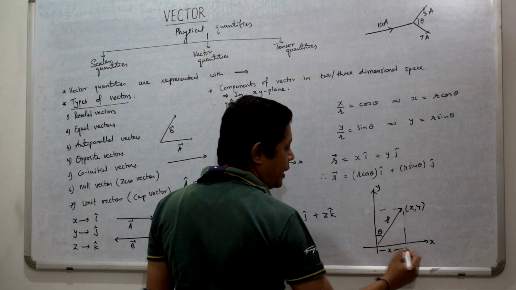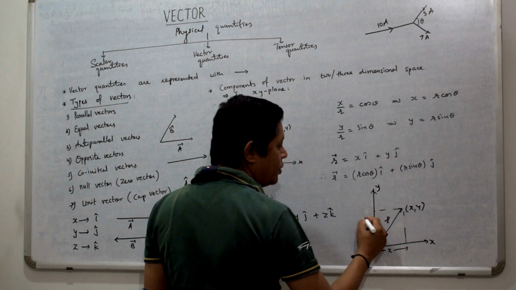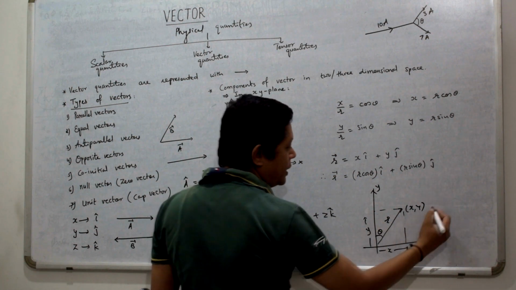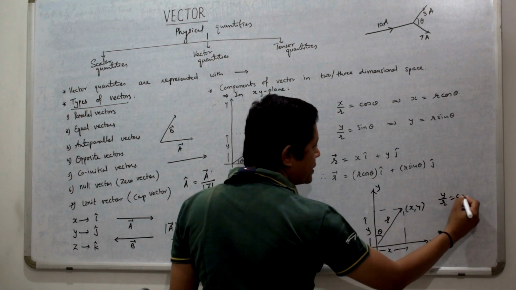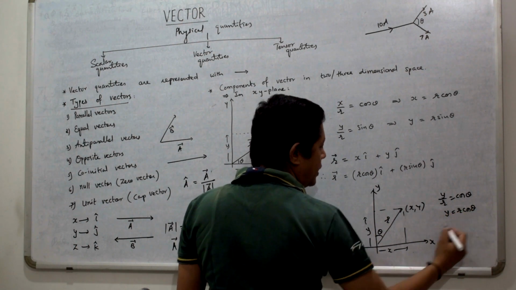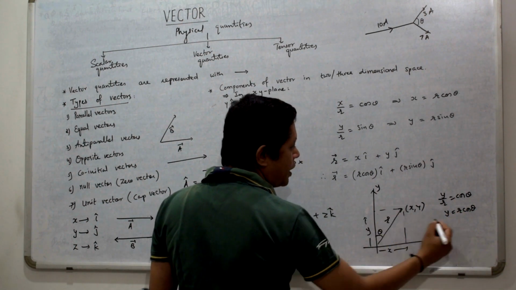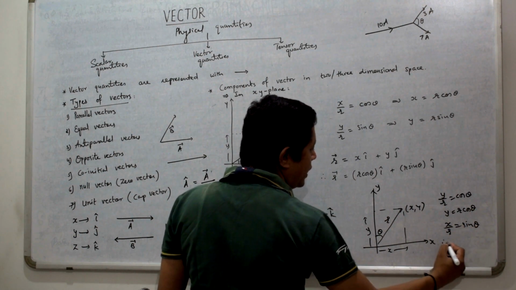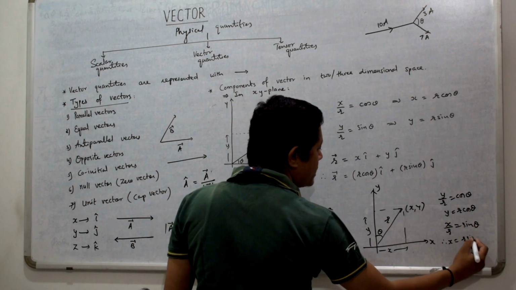For this angle, adjacent upon hypotenuse, that is y by r, is equal to cos theta, so y is equal to r cos theta. Similarly, opposite upon hypotenuse, that is x by r, will be equal to sin theta, and that's why x will be equal to r sin theta.